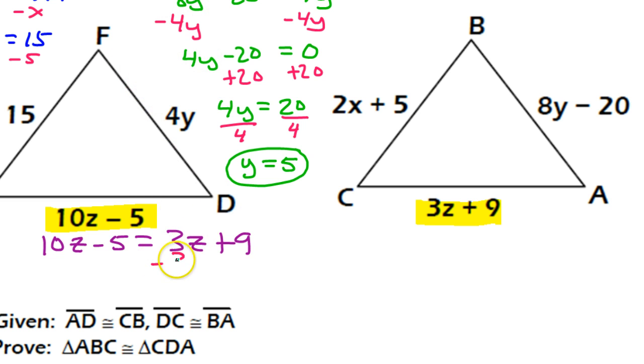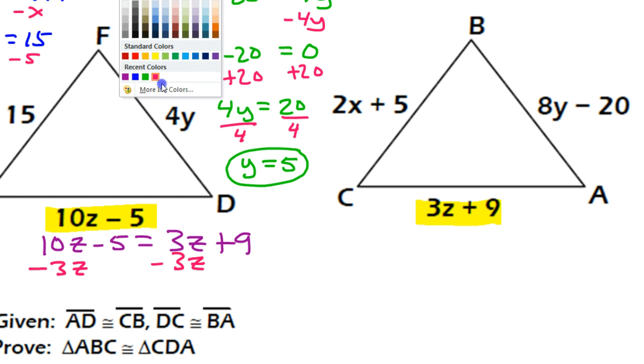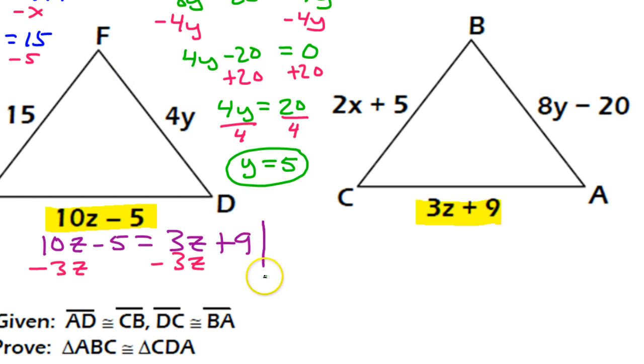So if you subtract 3z from both sides, that is going to give you 7z minus 5 is equal to 9.